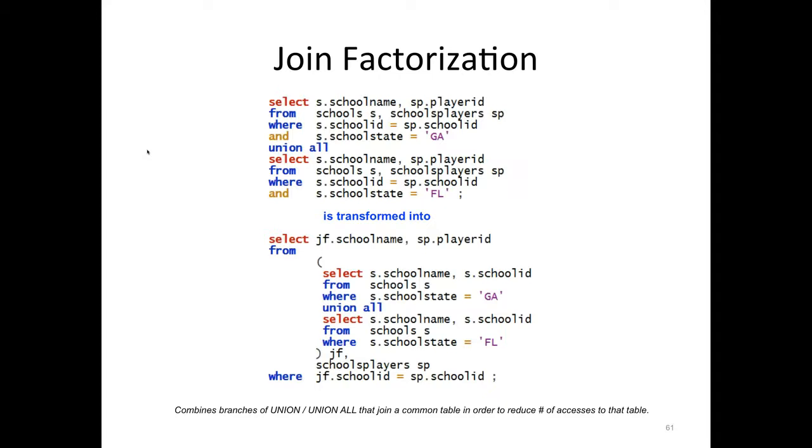Reducing the number of accesses to a table is a good thing. Doing something once instead of twice or three times is going to provide better responsiveness and less resource use overall. These are just some simple transformations that you can mimic or learn from in the way you write your code.